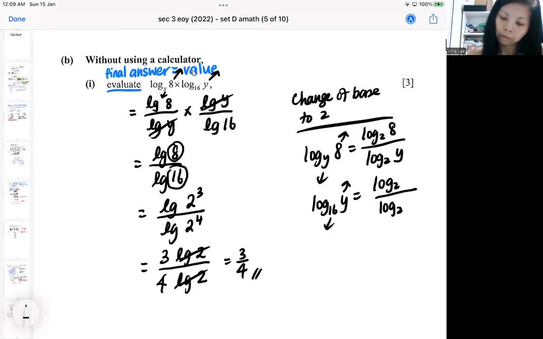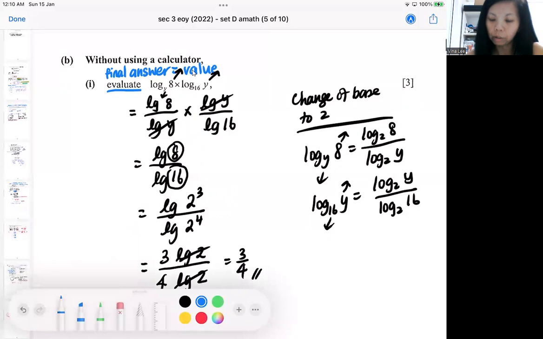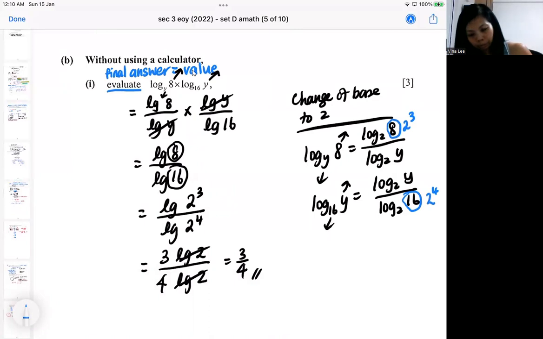It also involves changing this to 2 cubed. Whatever base you choose to change to, you should still eventually end up with the same answer. Another possible base will be ln, base e, but nobody likes that.